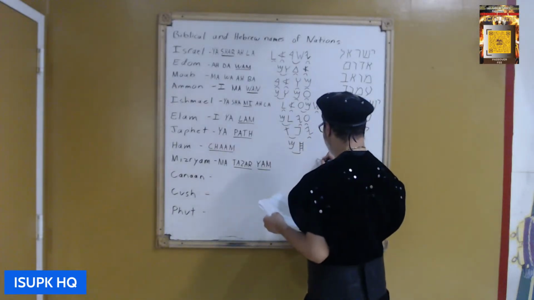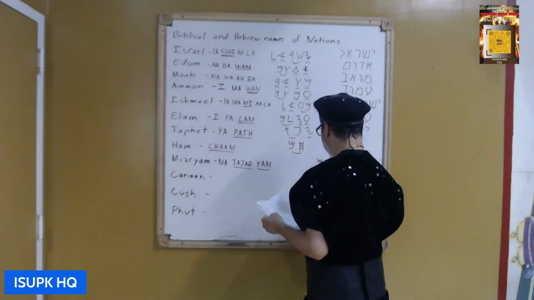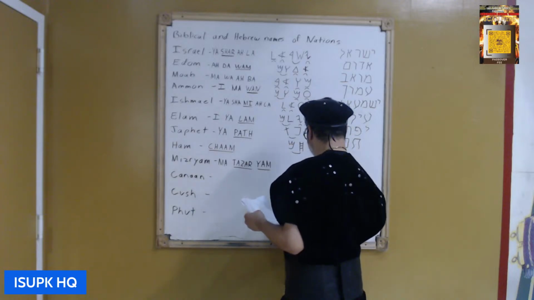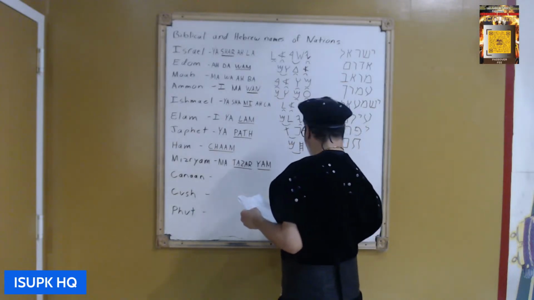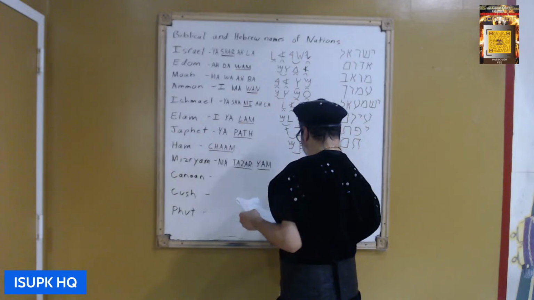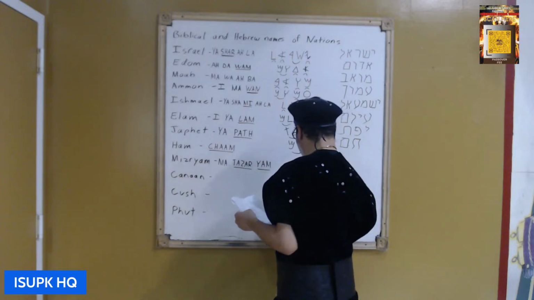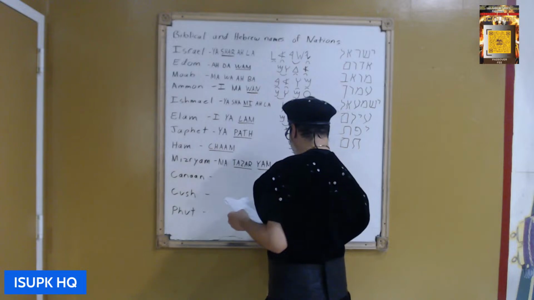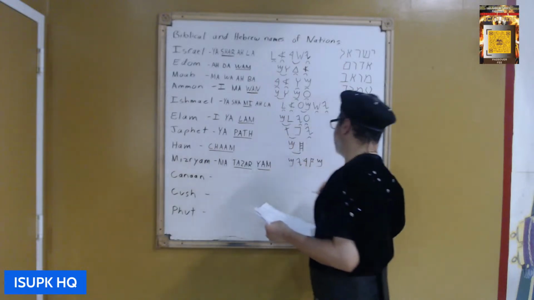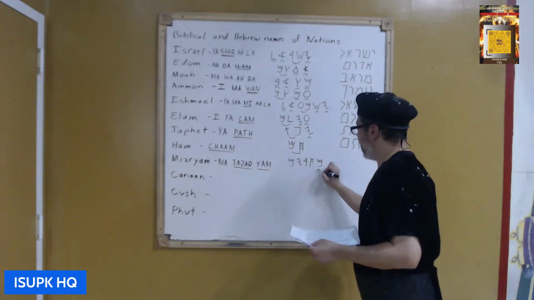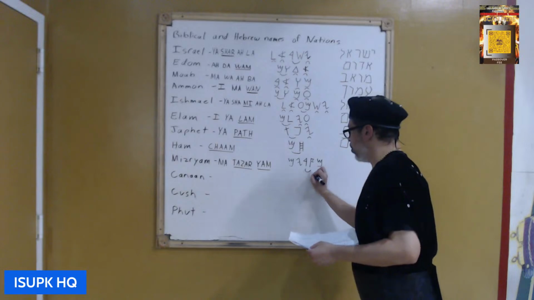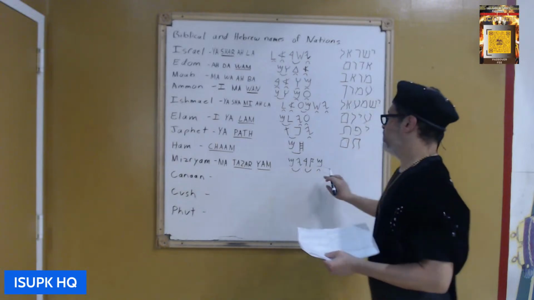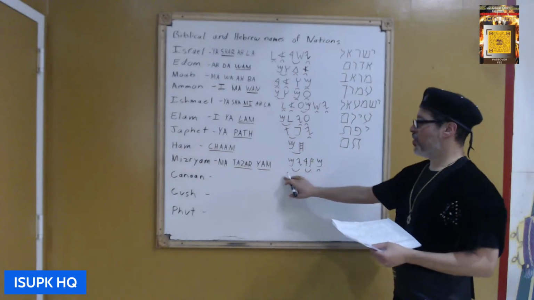So we have the Ma, Tazah, the Ra, the Ya, and the Ma. So we have Ma, Tazar, connecting these two, and the Yam are connected.